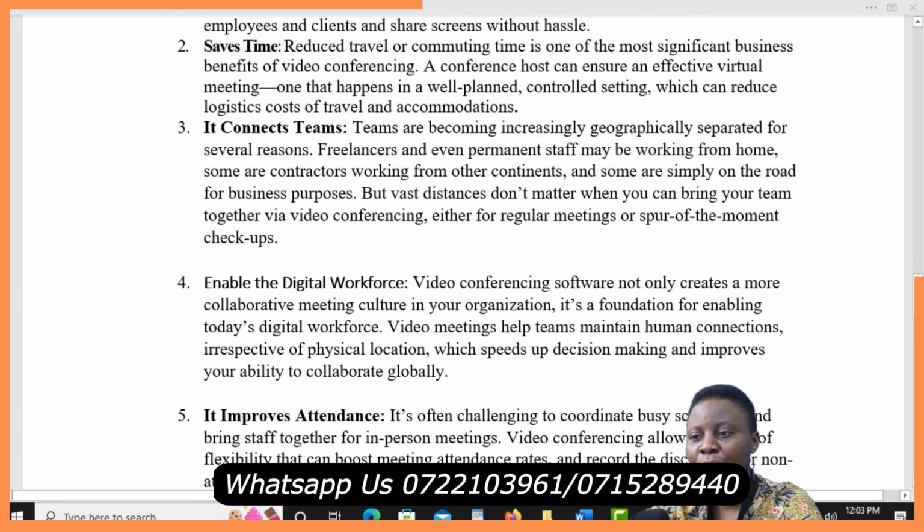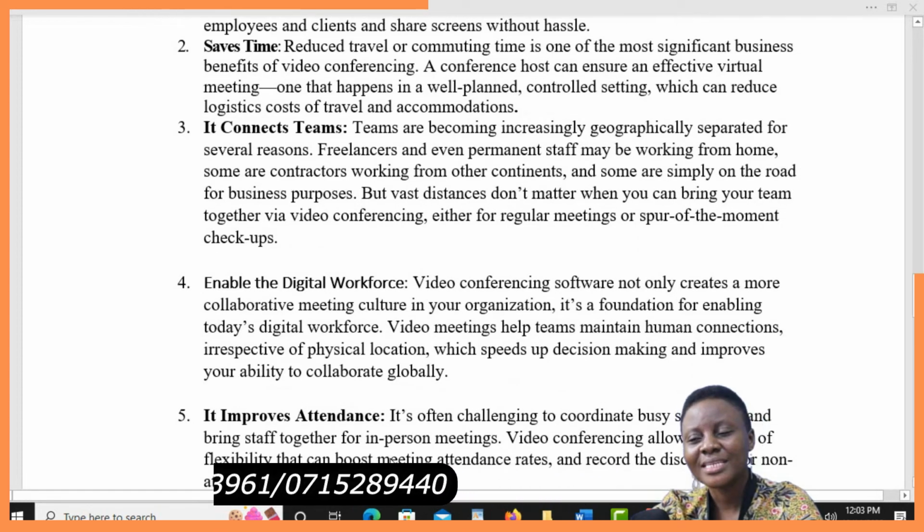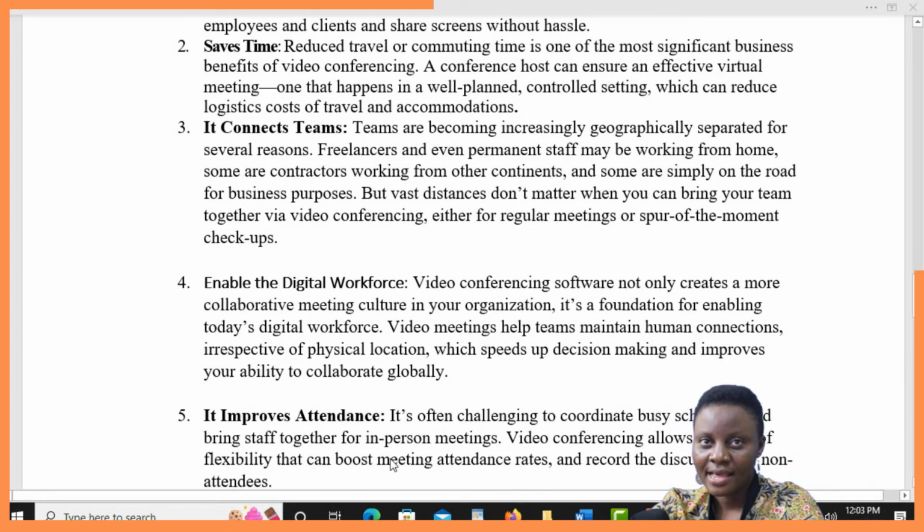And lastly, it improves attendance, because you do it at your own convenience. It's not a must for you to be at a certain place. You can do it even from your home, from your hotel room, wherever you are. When the time for the meeting is here, wherever you are, you can attend.